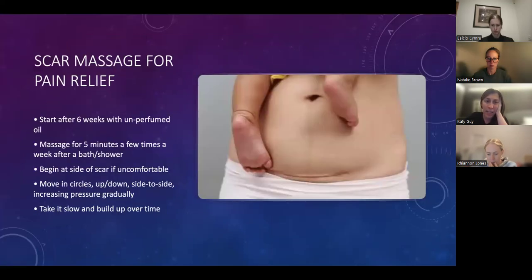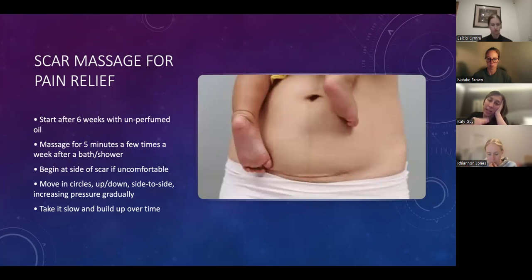The other thing to do at the start is to try and help your scars. So it's not just pain that you get from scars, but you can get tightness. And that can impact your ability to move freely, or also can affect the clothing that you want to wear.